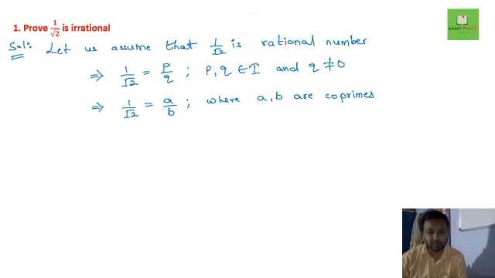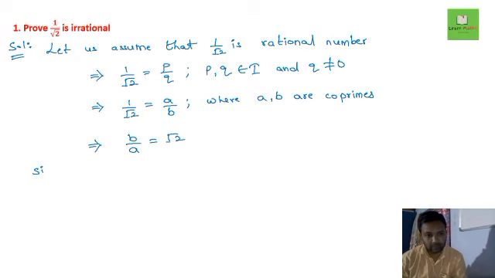If a, b are co-primes, then observe the equation clearly: 1 by root 2 is written in the form of a by b. Now apply transposition. If we move root 2 to the RHS and a by b to the LHS, we get b by a is equal to root 2.